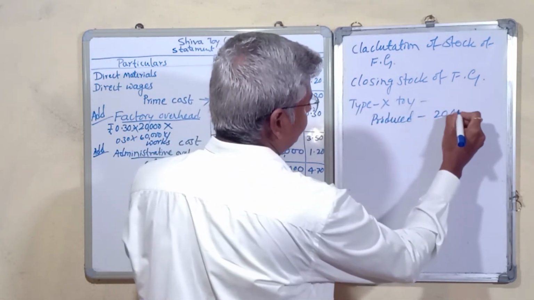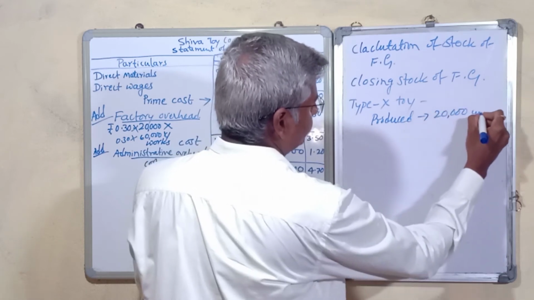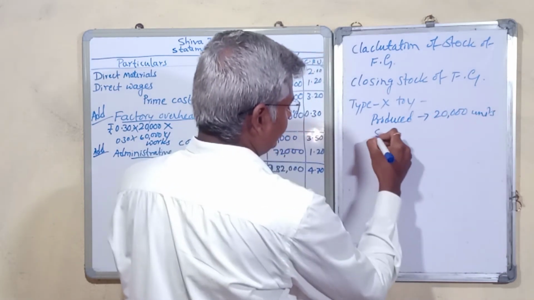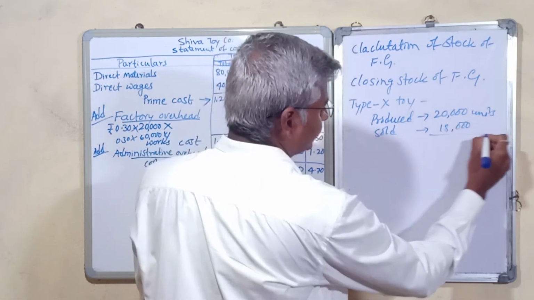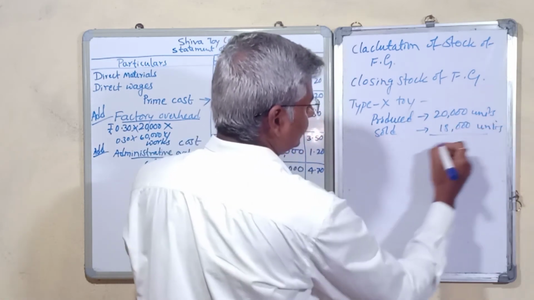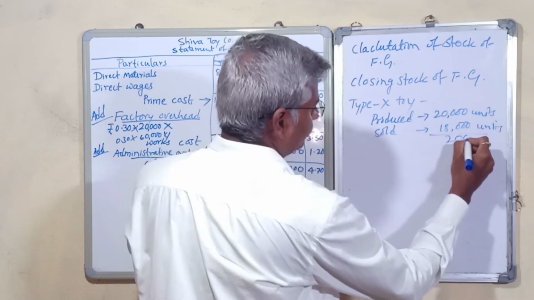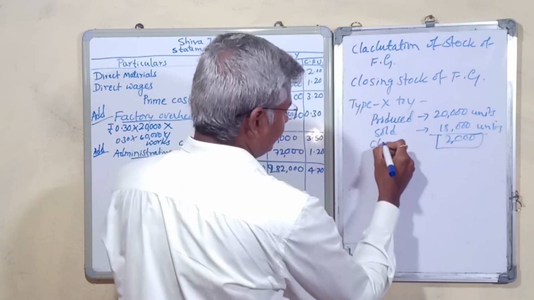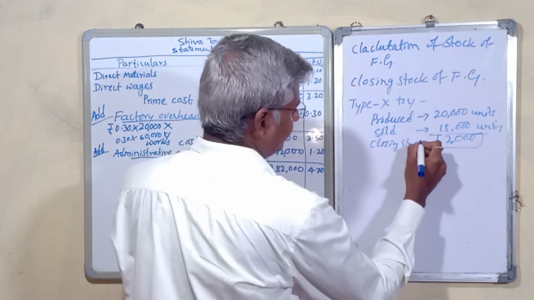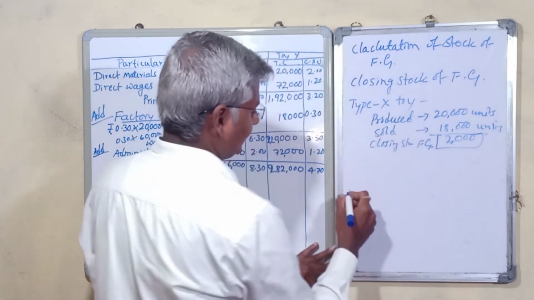Produced 20,000 units or 20,000 toys, sold 18,000 units, remaining is 2,000 units. So this is our closing stock of finished goods of X.